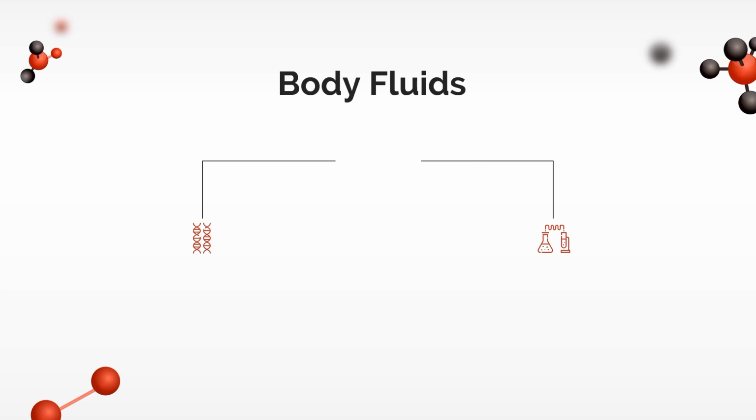An important aspect of homeostasis is maintaining the volume and composition of body fluids. Body fluids are dilute and watery solutions containing dissolved chemicals that are found inside the cells as well as surrounding them. These body fluids make 60% of the human body.